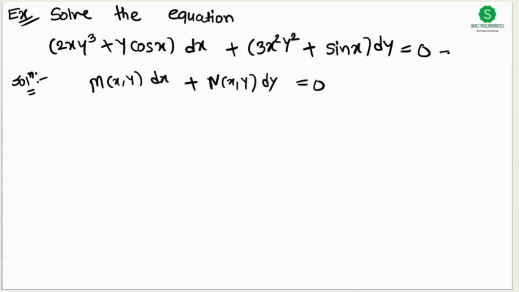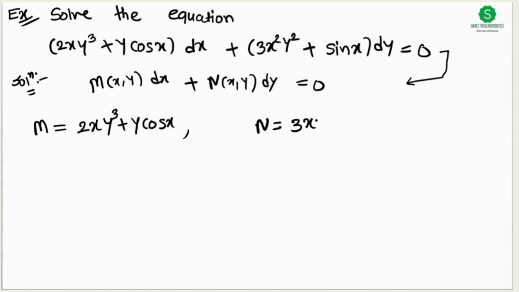If we compare, then the coefficient of dx is called M. It is just a notation. So M is equal to 2xy cube plus y cos x, and N is equal to 3x square y square plus sin x.